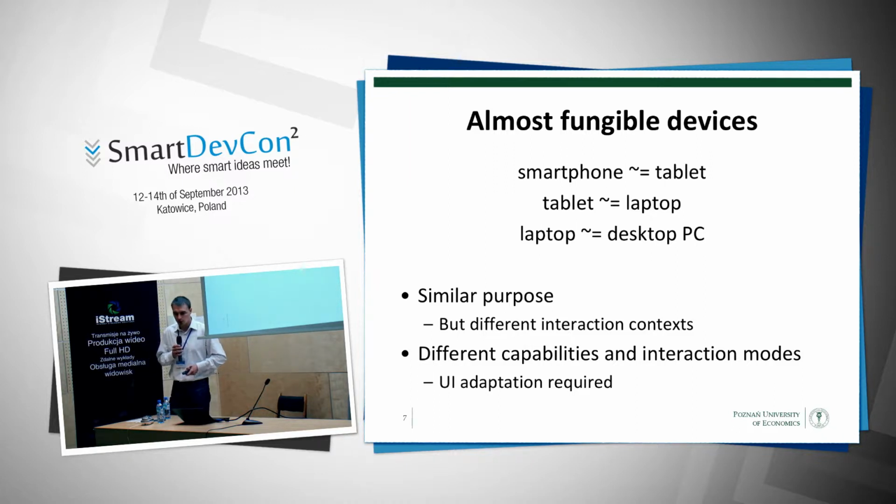Usually, you use your mobile device in a mobile context and your laptop or a desktop PC in a fixed context. So you are using it in a different way. A smartphone is used usually in a hurry, in different conditions, and when you sit at the laptop, you have more time to explore, search, and find your functionality.